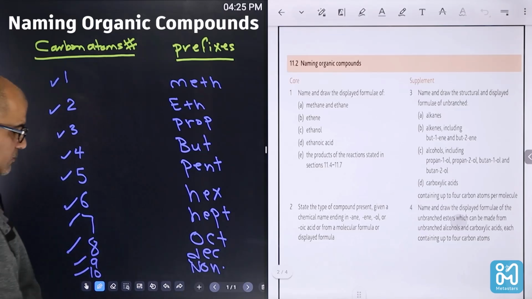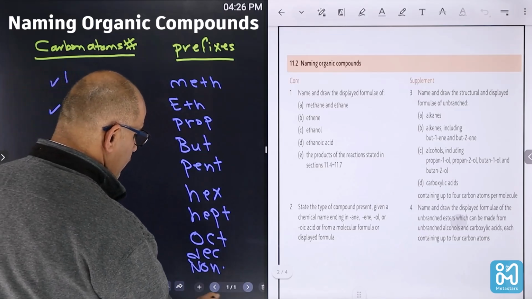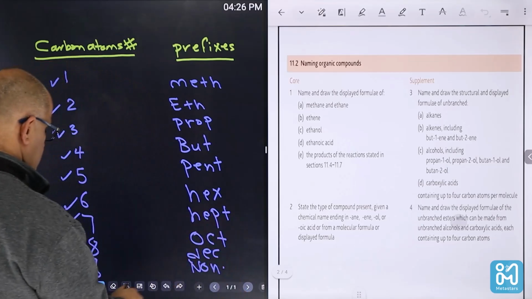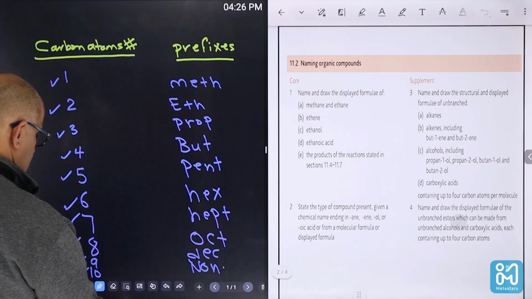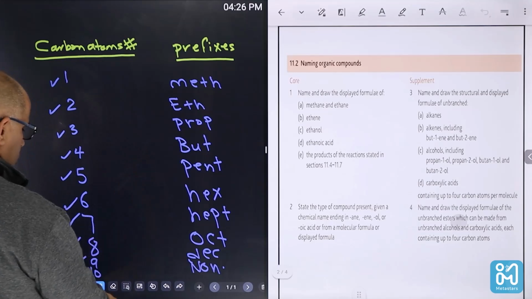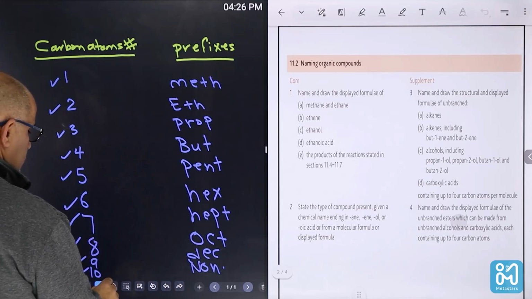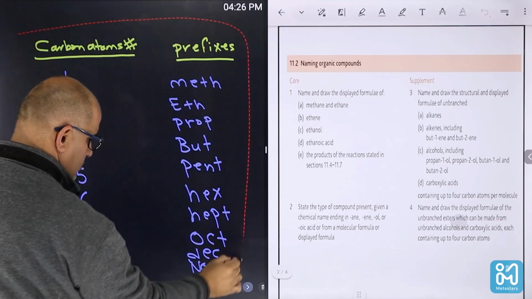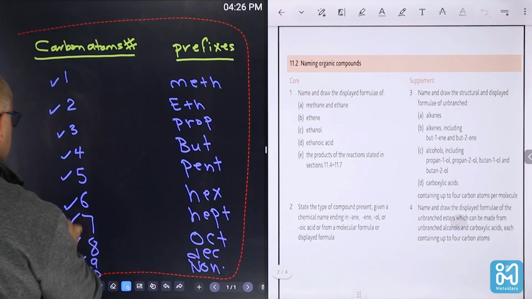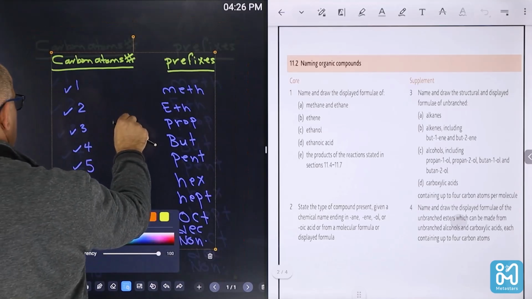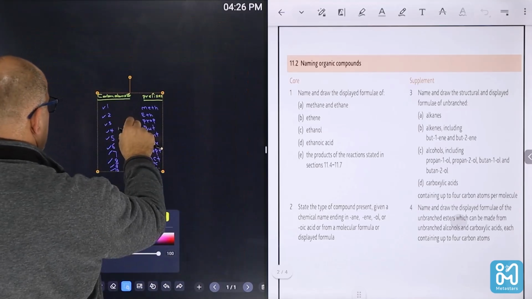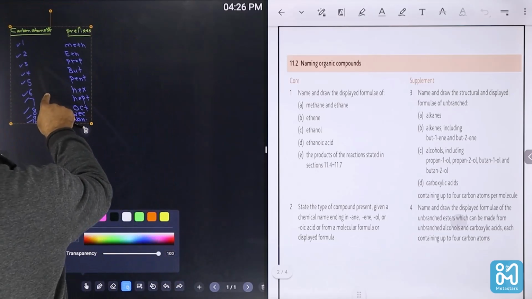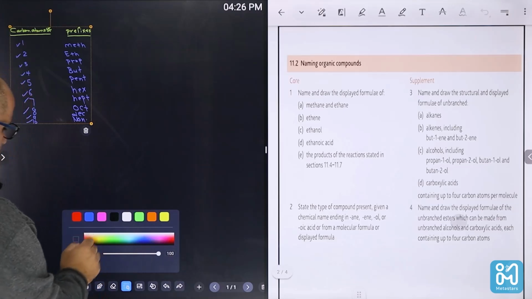Now, for naming, to start the naming, we can use these prefixes to do more than one example.